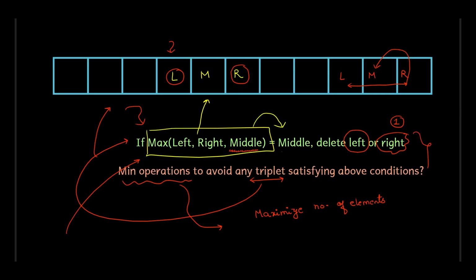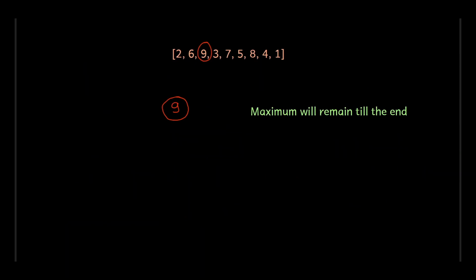So if you are not allowed to delete 9, this means that this 9 will be present in the array for sure. But you have to keep in mind that the final result should not contain any triplet that satisfies this condition. And we already talked about the case where 9 can satisfy this condition as a middle element.